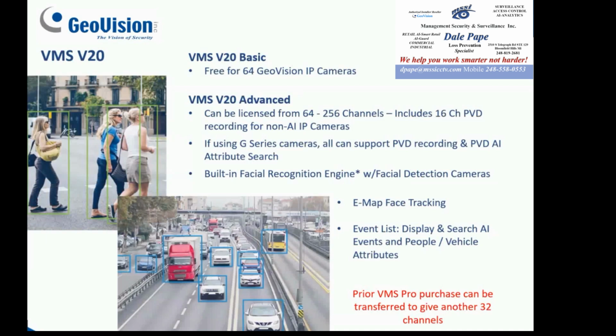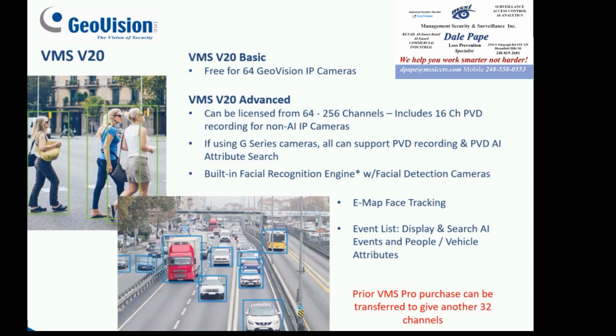If you have G series cameras, they have the highest level of analytics. You can do things like clothing color search, vehicle data search, and then certain analytics such as line crossing, loitering, and so on. Older Geovision cameras, such as the TVD series and TBL series, will also have their analytics supported in the VMS V20 Advanced license as well.